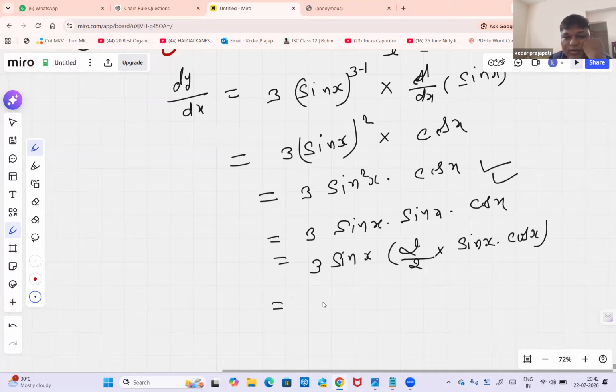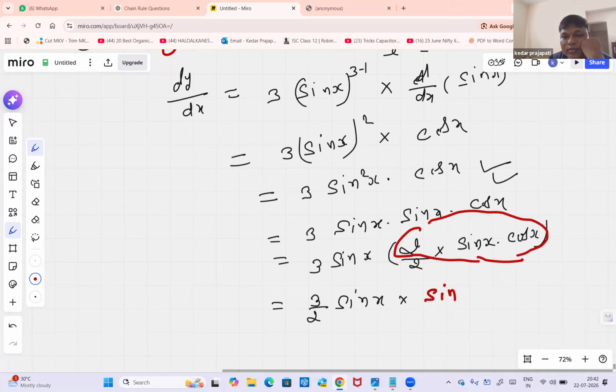This is 3 by 2 sin x, now 2 into sin x into cos x, the whole quantity, will be sin 2x. So this is also correct. You can leave it here or you can go until here. But now you should know how to do it.